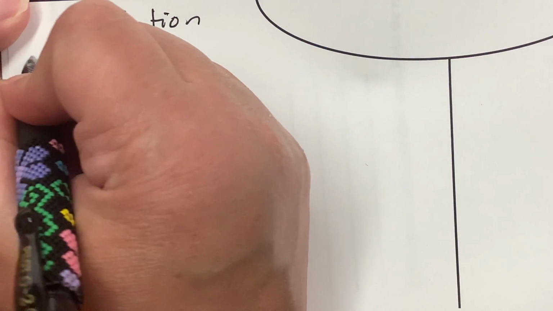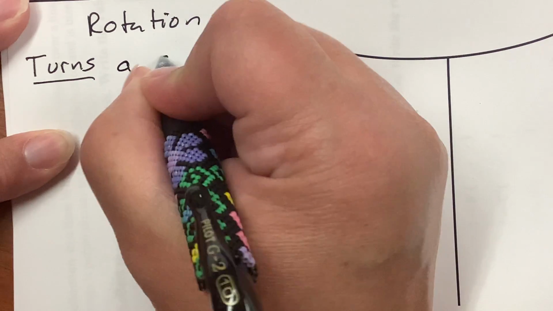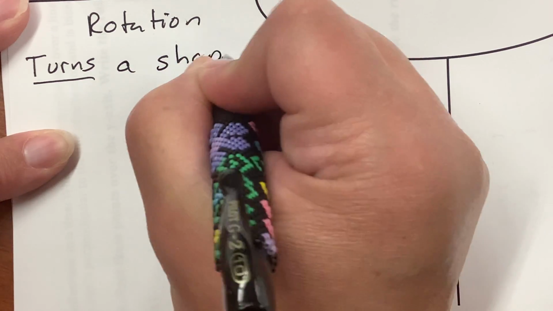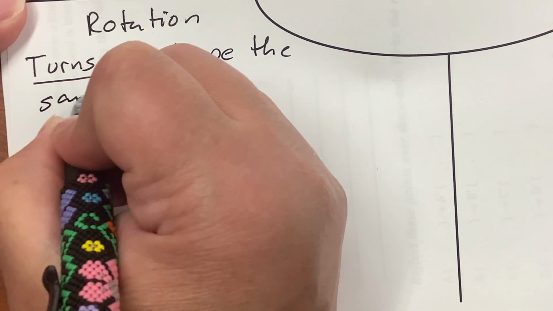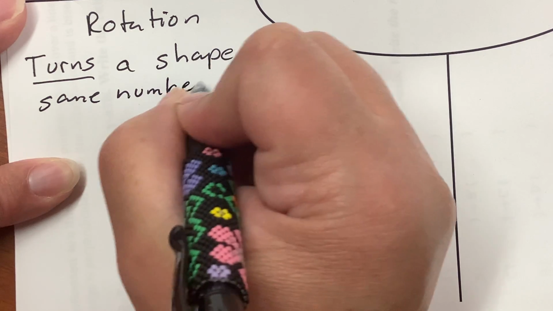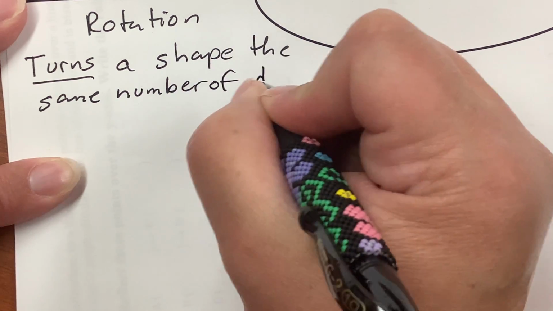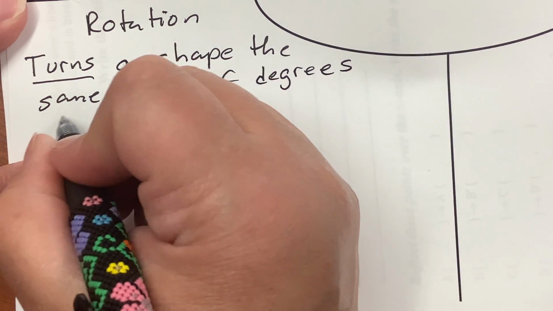And it turns a shape the same number of degrees around a fixed point.